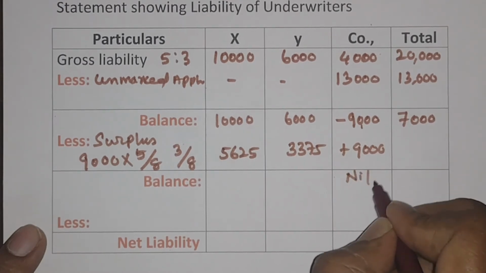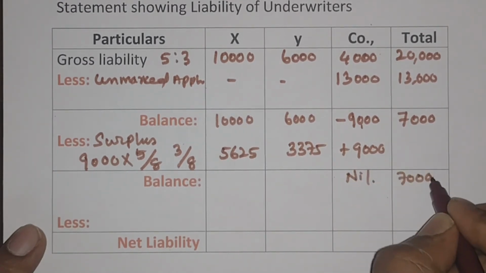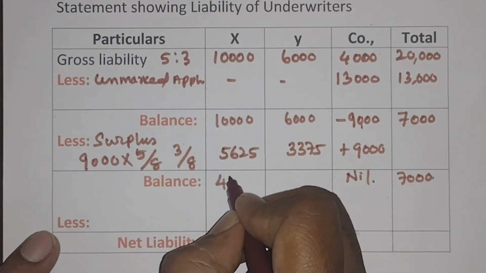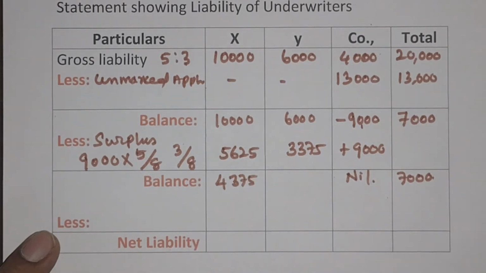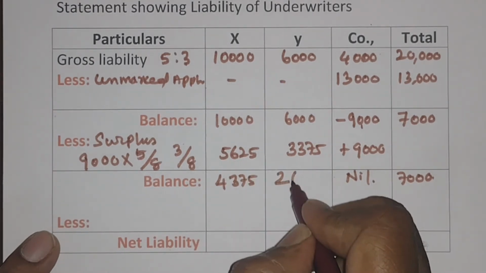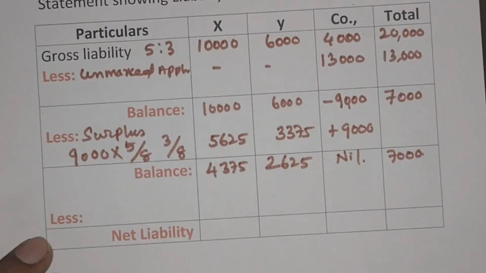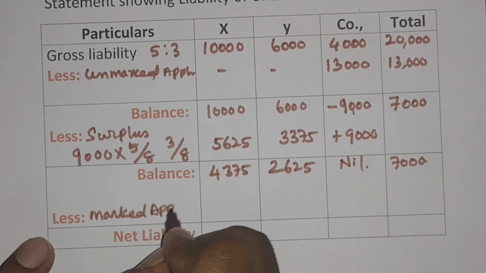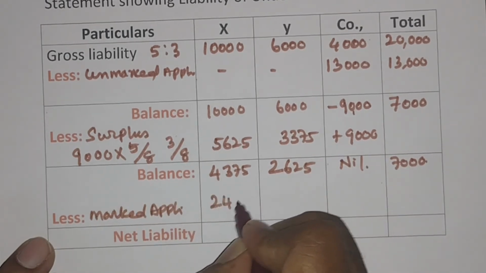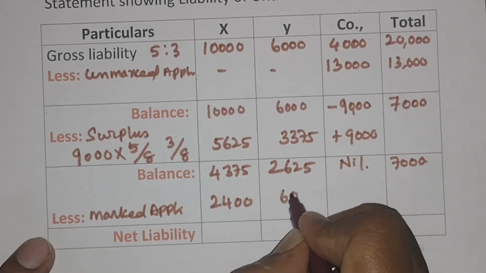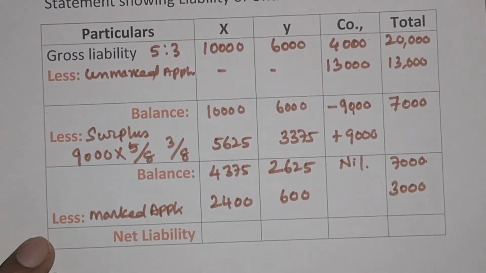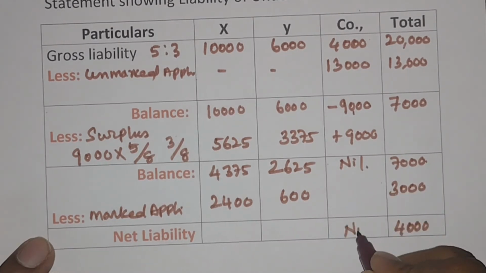So the company column has come to nil, and 7,000 is still pending. 10,000 minus 5,625 gives 4,375, and for the other person 2,625. Now we have to deduct the marked application. The marked application of the first person is 2,400 and of the other person 600. You get 3,000. 7,000 minus 3,000 is 4,000, and the company column is nil.